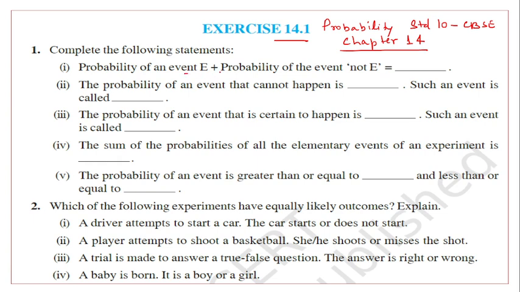Probability of an event E plus probability of the event not E will be equal to 1. The probability of an event that cannot happen is 0, and such an event is called an impossible event.